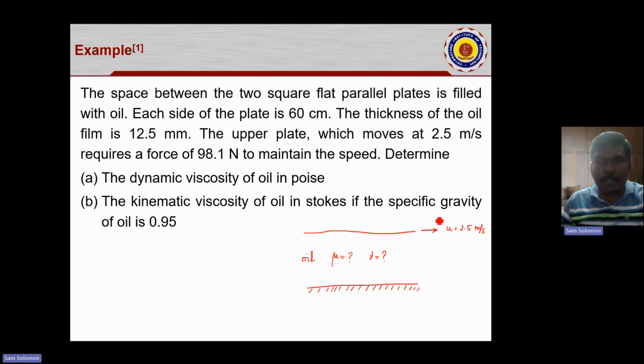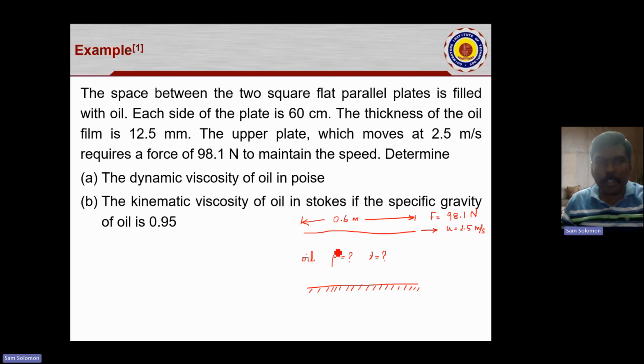Okay. And what they have said is the force that is applied to move this plate is 98.1 Newton. They have said that each side of the plate is 60 centimeter. So the length of the plate is 0.6 meters.